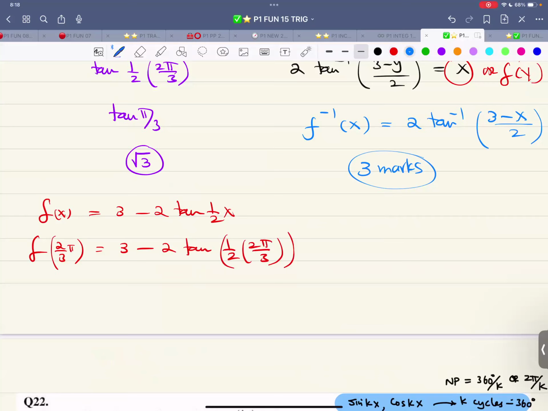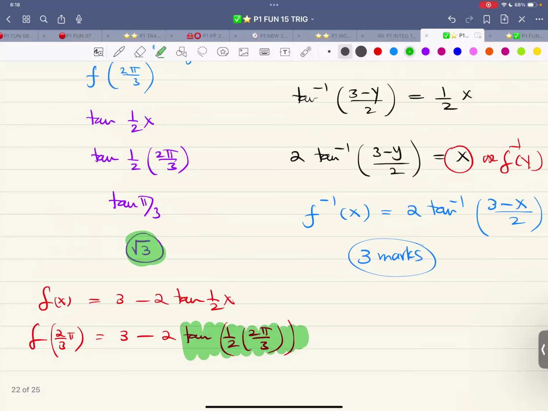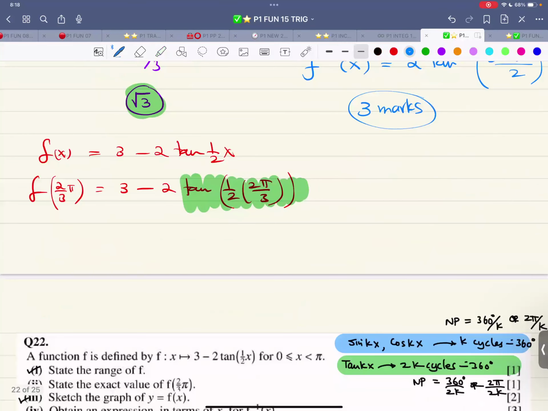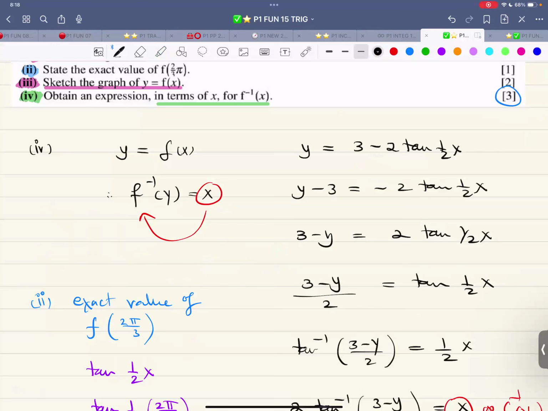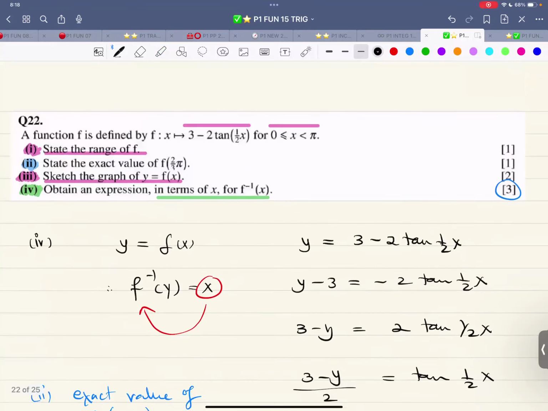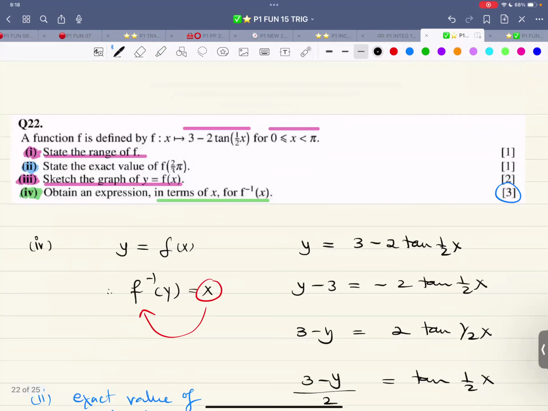So this thing right over here, let me use a green highlighter, tangent half of 2/3 pi, this is root 3. So therefore, the answer is 3 minus 2 root 3. That is the answer in the exact form. That is the exact value. All good, all clear. So I got rid of these two parts, part 4, part 2. And this is perfectly fine. You can do it in the exam also.